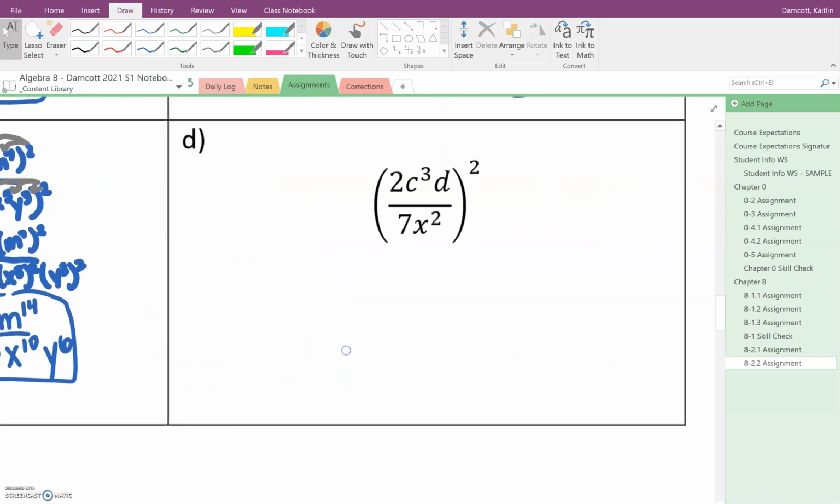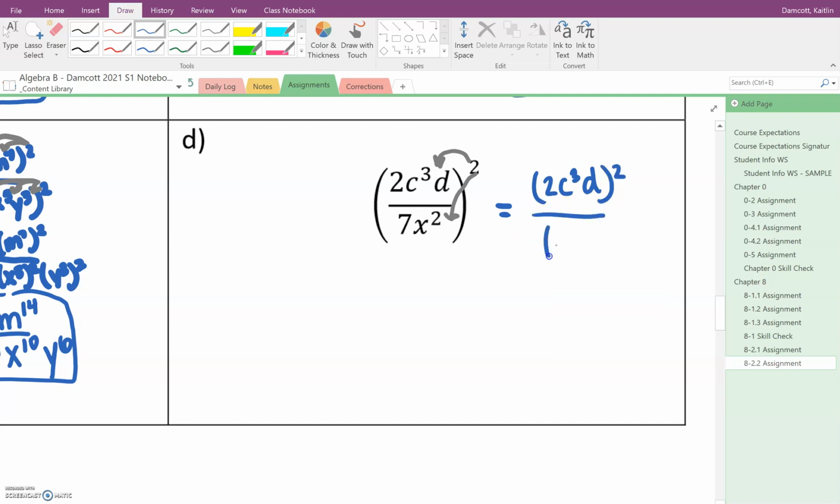Next, we're going to take a look at part D. So same idea. We are going to distribute our square to both the top and the bottom. So what this is going to look like is we're going to have the whole top, so 2c to the 3rd d, and we're going to raise it to the 2nd power.